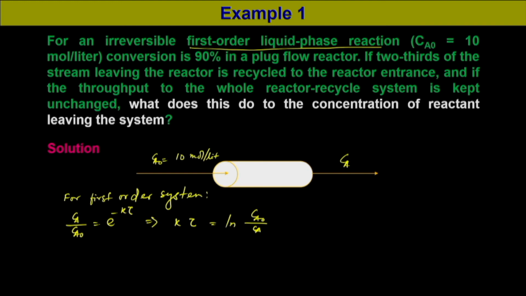Now, as it is given, 90% conversion. So, XA is equal to 90%, so XA is equal to 0.9.